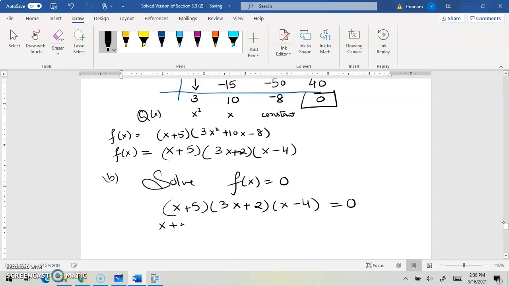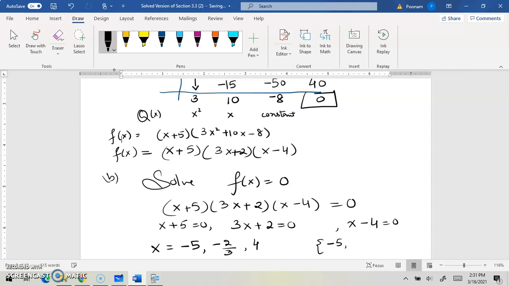That means either x plus 5 will be 0, or 3x plus 2 will be 0, or x minus 4 will be 0. So we have x is equal to negative 5 from here, negative 2 by 3 from here, and 4 from here. So these are the solution sets of this equation f of x is equal to 0.